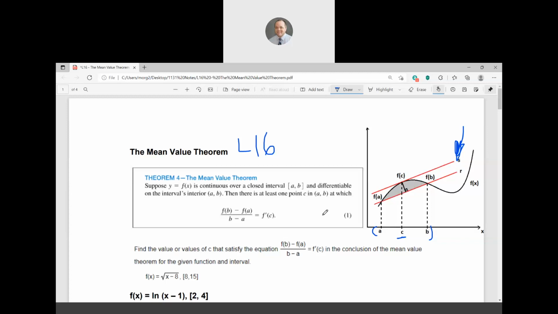The mean value theorem guarantees that there's some point c that will make not only these two lines parallel, but these two lines will have the same slope. So let's jump right into our first example.